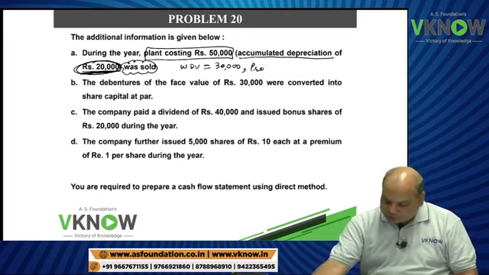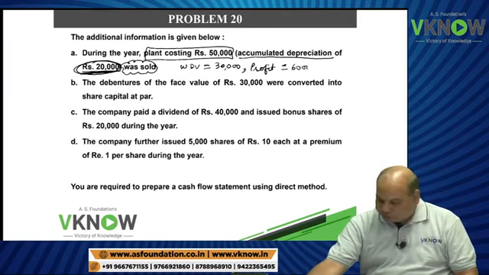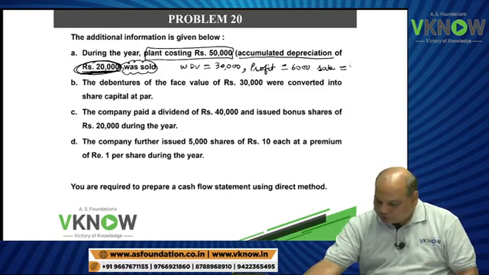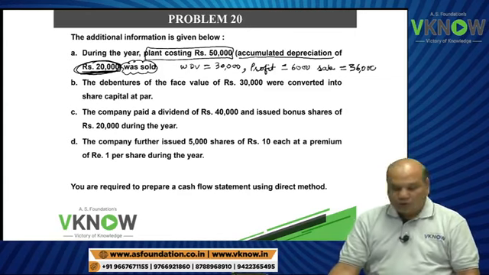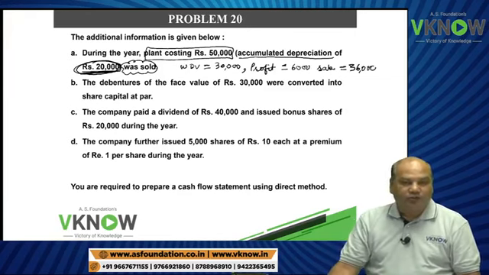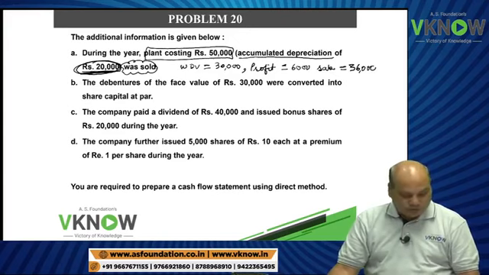And in the question, profit on sale of the plant is 6,000. So you can guess the sale value will be 36,000.